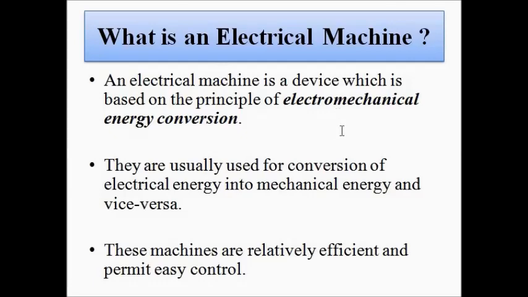So it is based on the principle of conservation of energy. It means that energy can neither be created nor be destroyed. It can only be converted from one form to another. So according to the electromechanical energy conversion principle, the electrical energy is converted into mechanical, or the mechanical energy is converted into electrical.